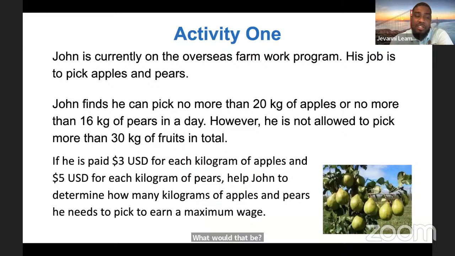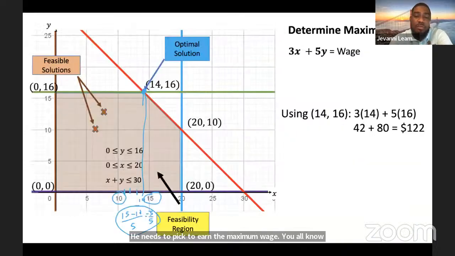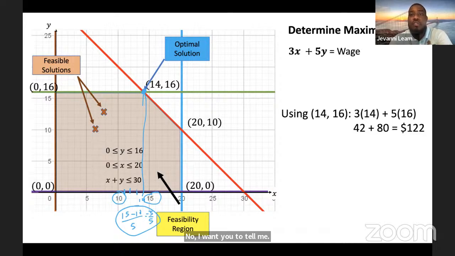And remember, based on the question down here, it says help John to determine how many kilograms of apples and pears he needs to pick to earn the maximum wage. You all know the maximum wage, which is $122. Now, I want you to tell me the number of kilograms of apples John would pick.